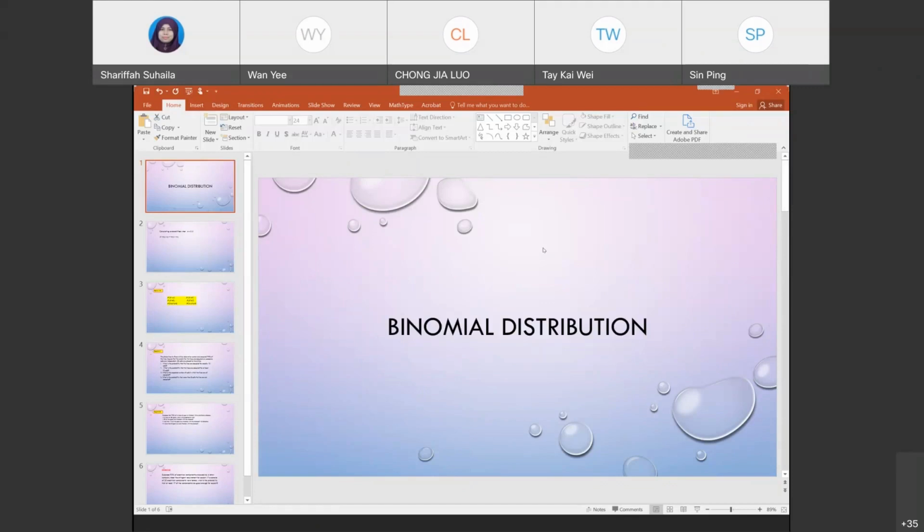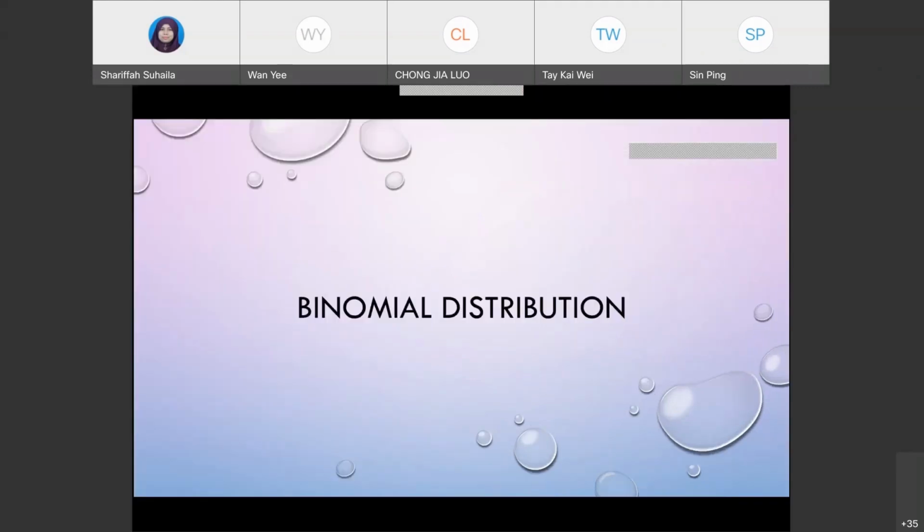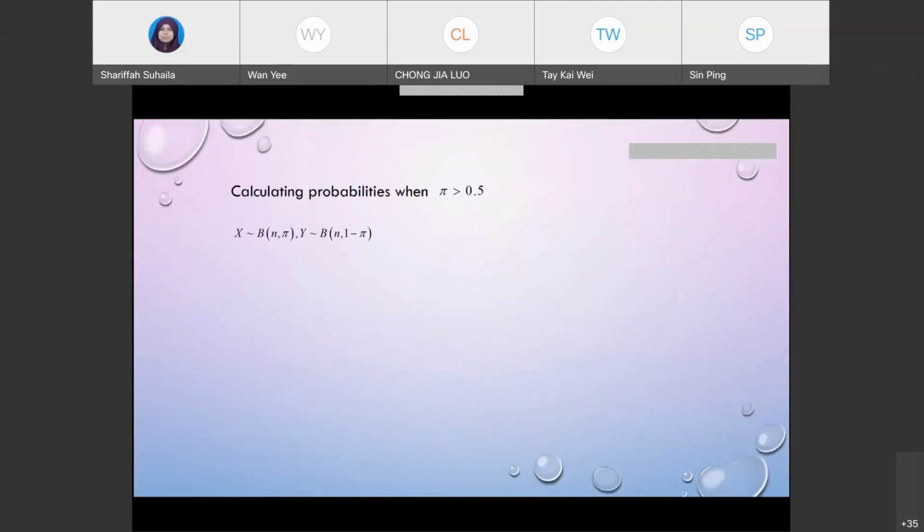So we have the probability mass function. For binomial, normally we call it the probability mass function for any discrete random variable, PMF. The probability mass function is given as nCx, pi to the power x, 1 minus pi to the power n minus x.